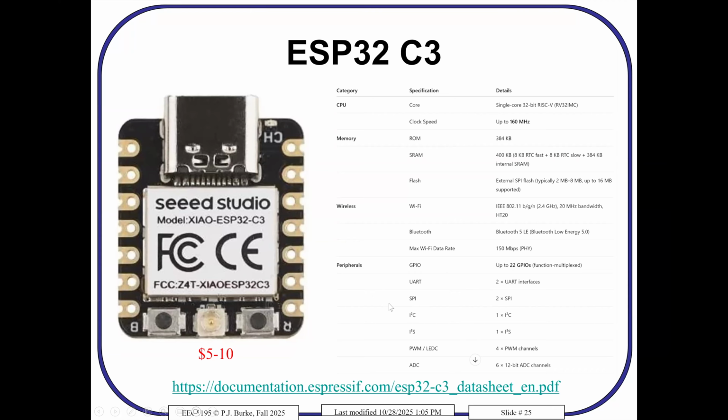So everything but the kitchen sink, like most modern microcontrollers, with a really beefy processor, plenty of memory, and onboard Wi-Fi. So what else could you ask for? You tell me. And it's tiny and it's cheap, $5 to $10. So that's what we're going to be using for our telemetry.